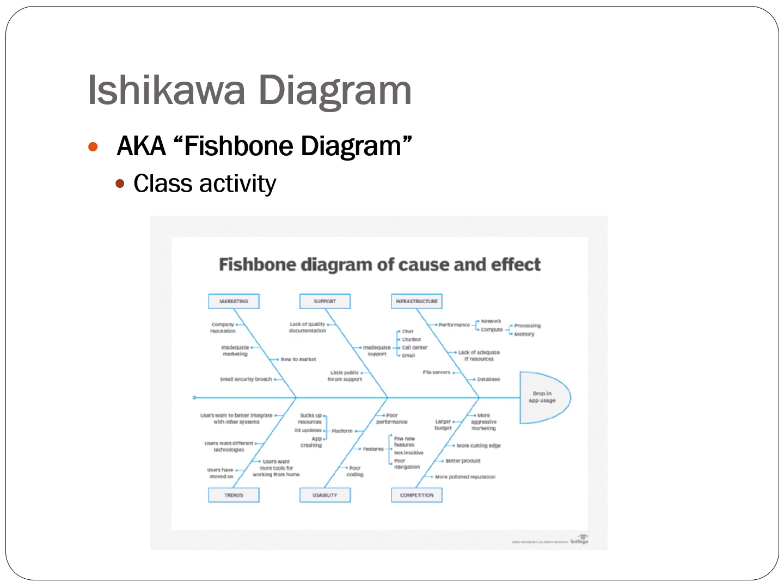And as you can see on this particular example, it looks like a fishbone. We start with these larger bones in the fish, the ones that are labeled in this particular diagram: marketing, support, infrastructure, trends, viability, and competition. Those are the major possible causes of a problem. Once we get the major causes identified, then we add these smaller fish bones.